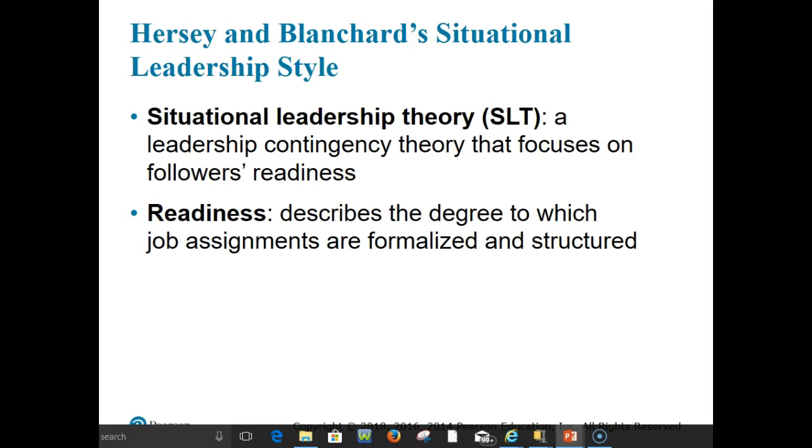And this important dimension has been overlooked or underemphasized in most leadership theories. And readiness, as defined by Hersey and Blanchard, refers to the extent to which people have the ability and the willingness to accomplish a specific task.